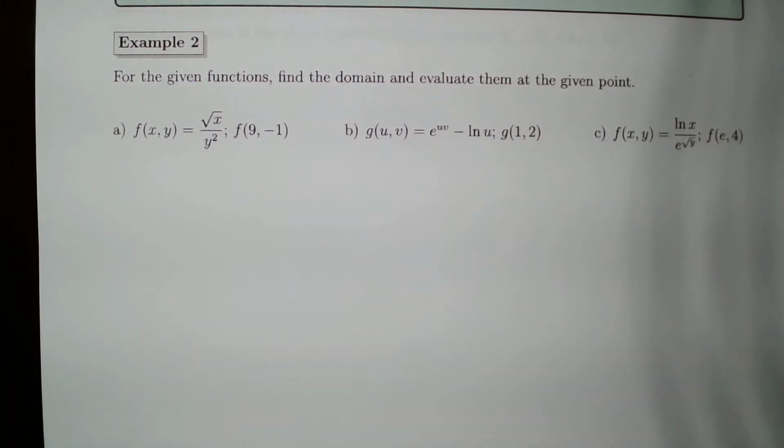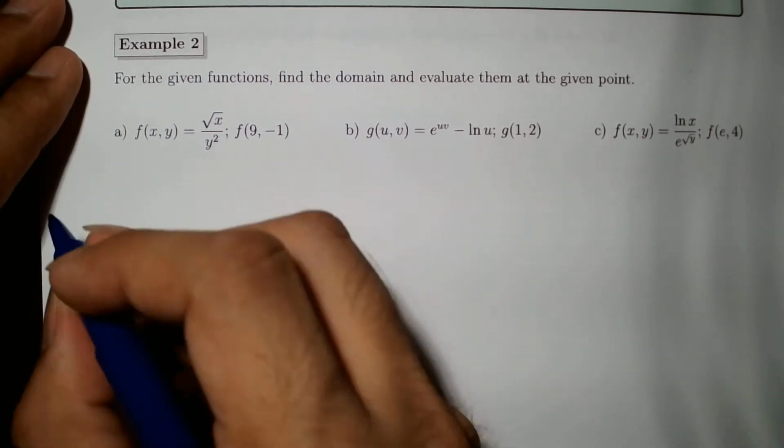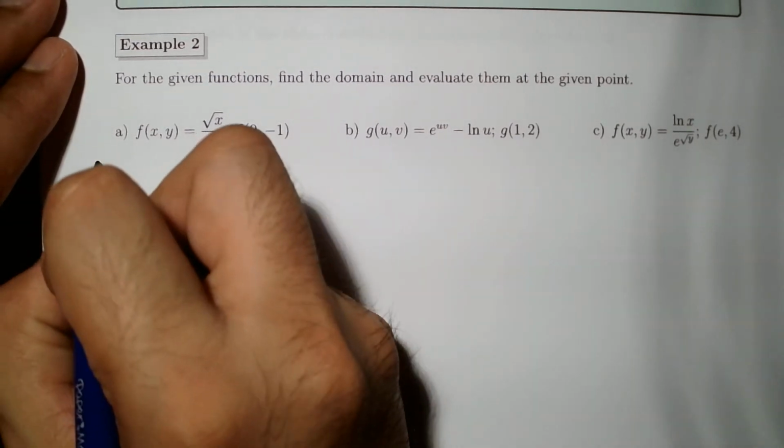Alright, so when it comes to finding the domain of a function of several variables, we need to find it individually. In this case we are just going to use set builder notation.